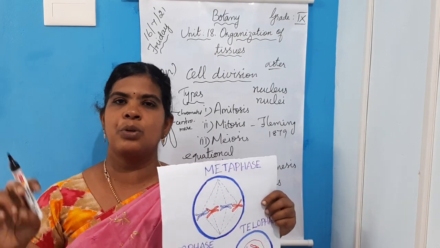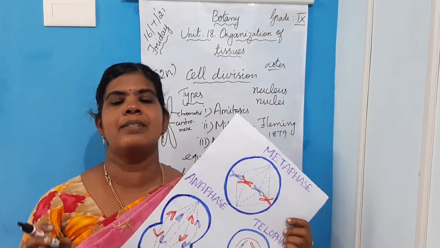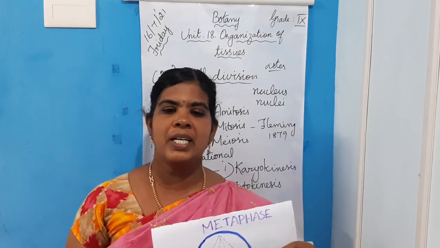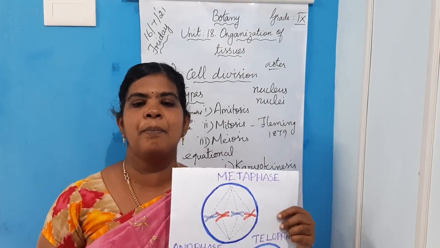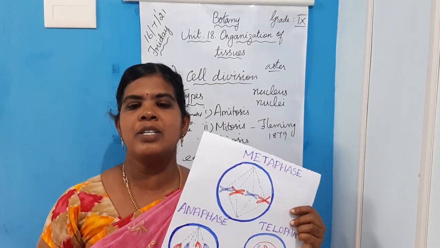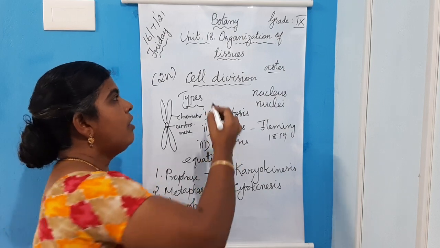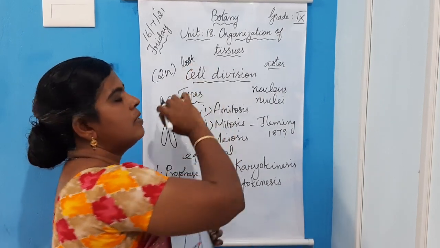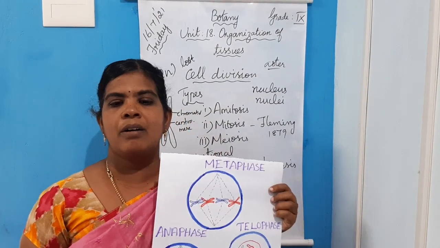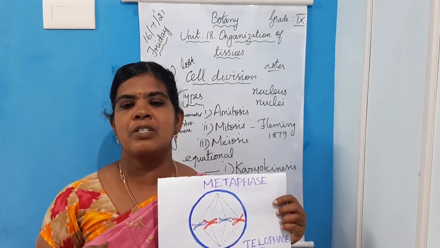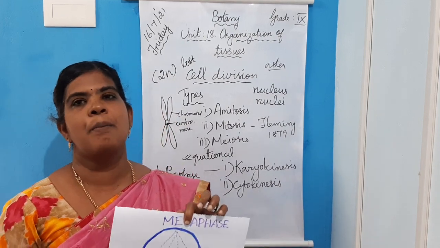Then the third one is that this mitotic cell division helps in the repair of damaged and wounded tissues by the renewal of lost tissues. These are the significance of mitosis.